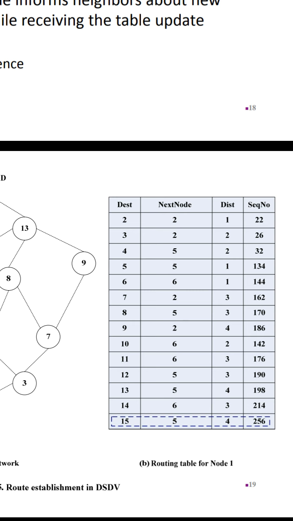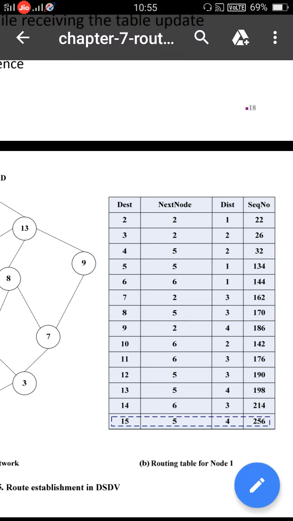So now node 1 can reach node 2. Our destination is 2 and the next node is 2, because node 2 is directly connected to node 1, so the distance is 1. Like this, our destination is 3 and our next node is 2, so we reach node 3 via node 2.